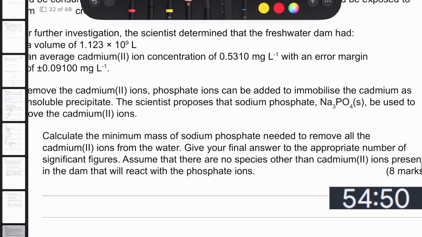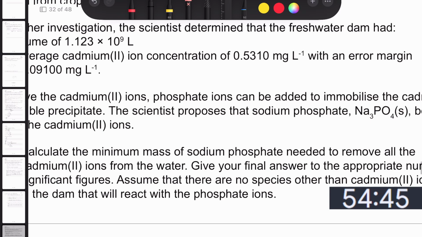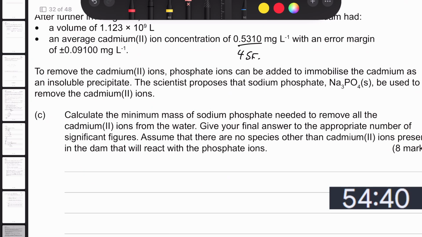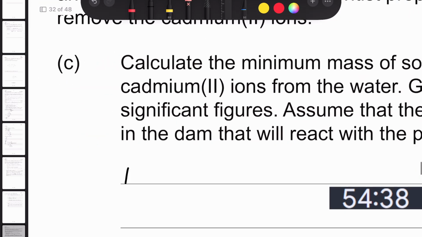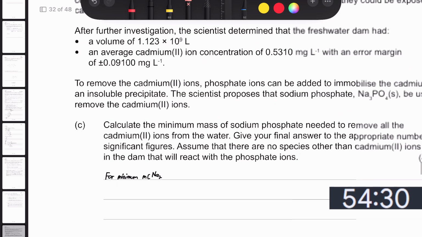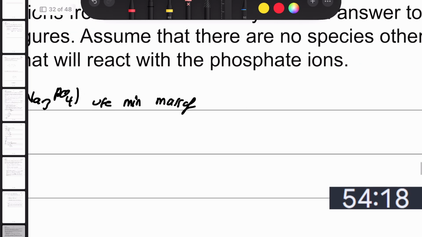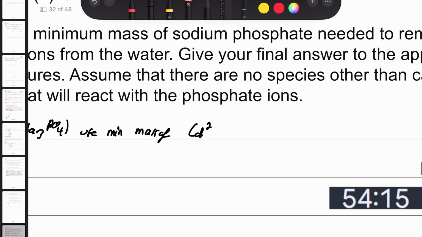Okay, so let's just get this out of the way first. Sig figs: looks like we're going to deal with 4, so my final answer needs to be 4 sig figs. For the minimum mass of Na3PO4, use the minimum mass of cadmium-2, which is Cd2+.